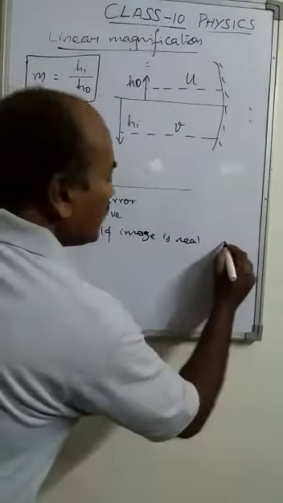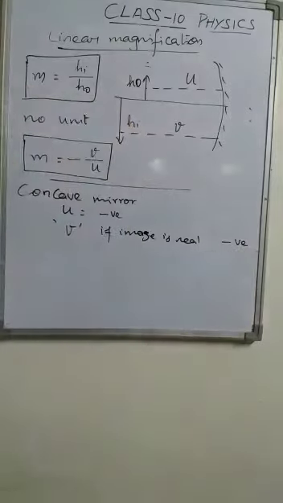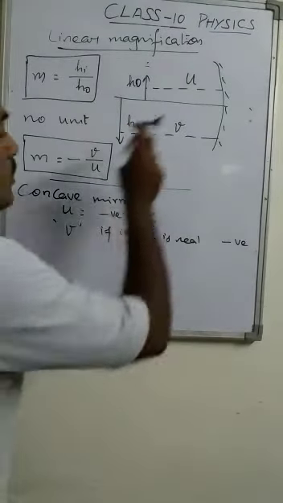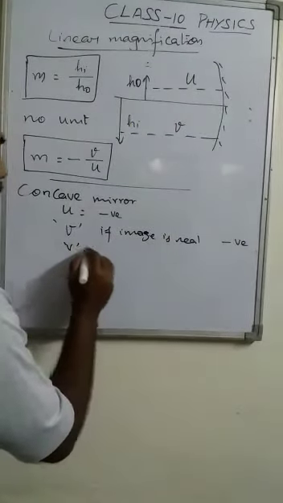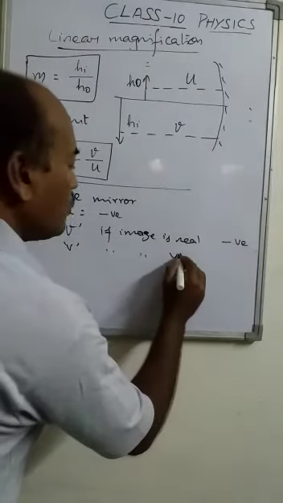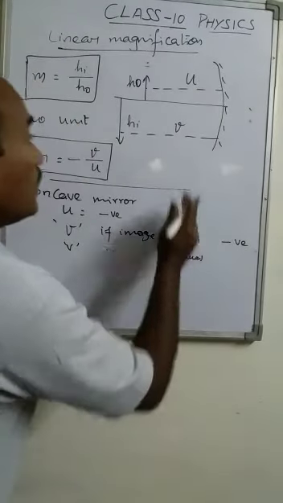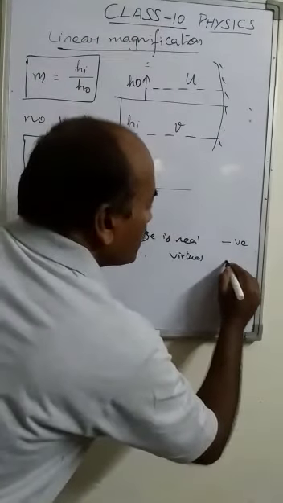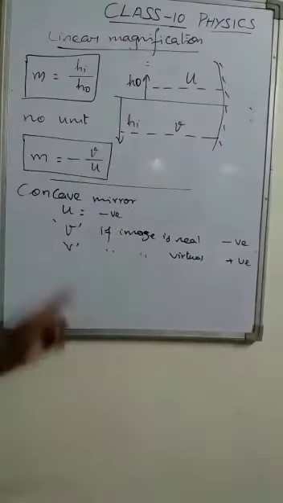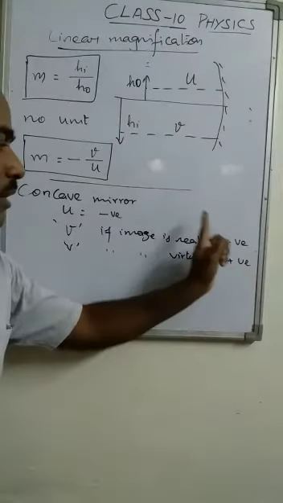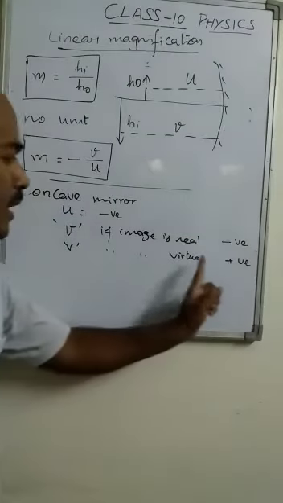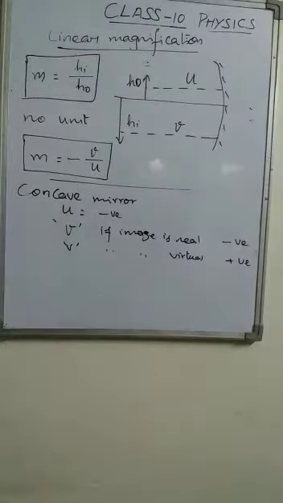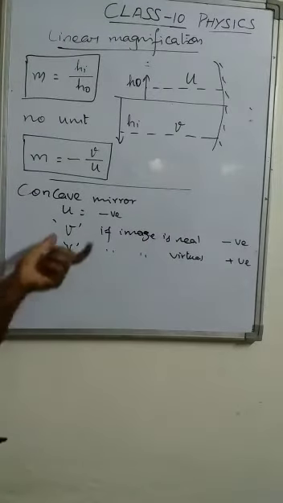If the image is real, v is negative. If the image is virtual, it is formed behind the mirror, and in that case v is positive. So for a real image, v is negative; for a virtual image, v is positive. This is for the concave mirror.